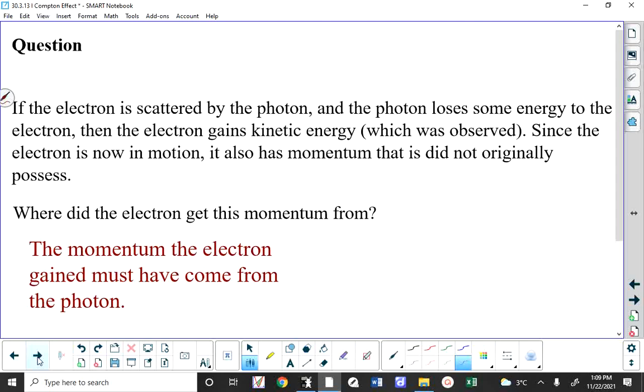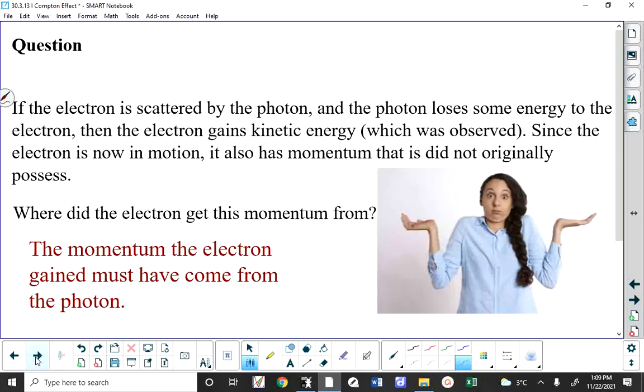I mean, where else could it have come from? But what's the problem with that? I want everybody to think about that for a minute. I mean, that's true. There's no other way the electron could have gained momentum other than stealing some momentum from the photon.